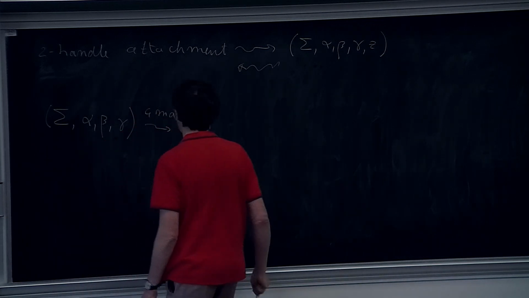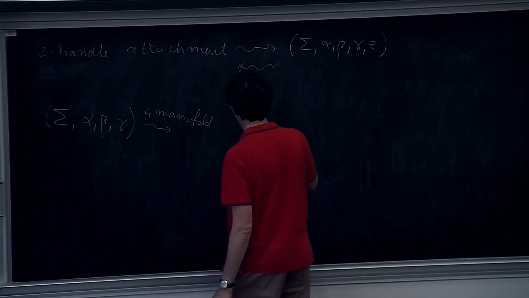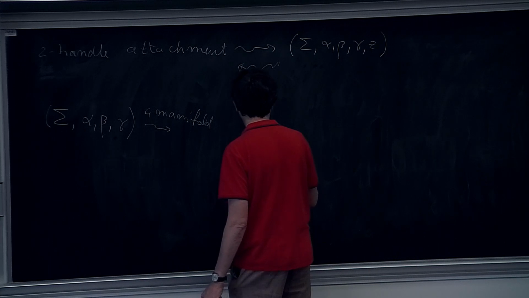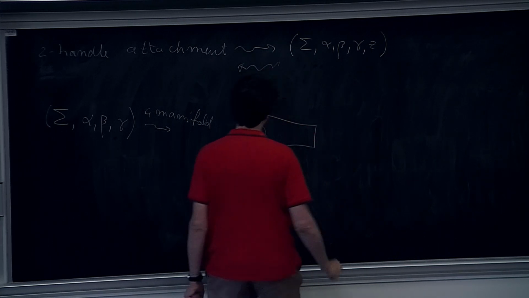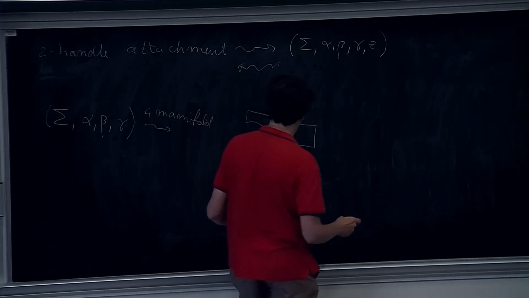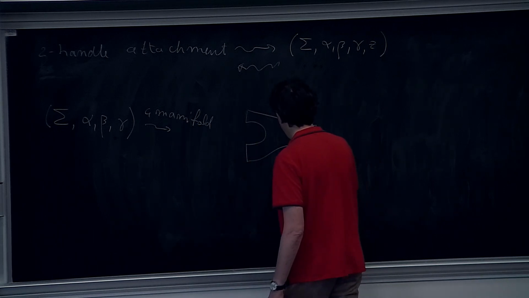as follows. We take, let's say, a hexagon that I draw like this. And then we label every second edge like E alpha.